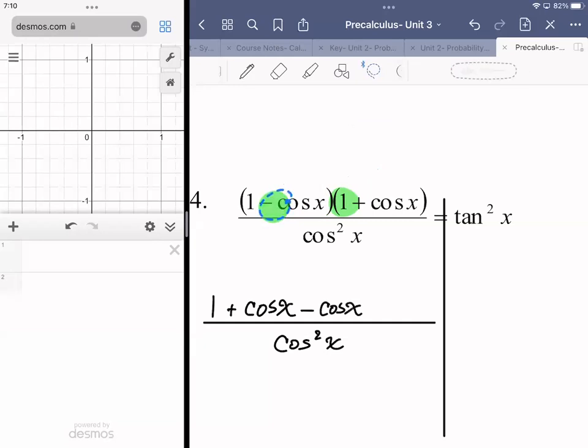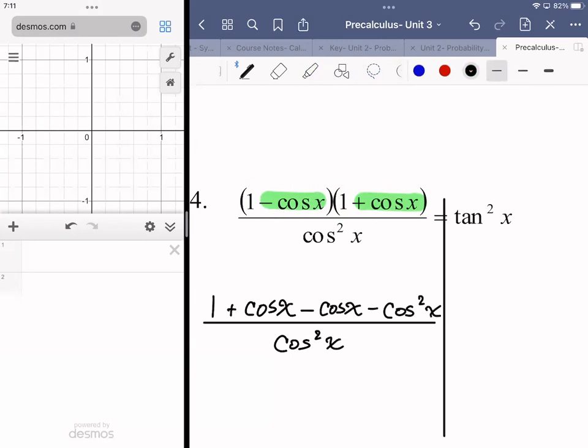And then I would take negative cosine and multiply it by positive cosine, which would give us a negative cosine squared x.